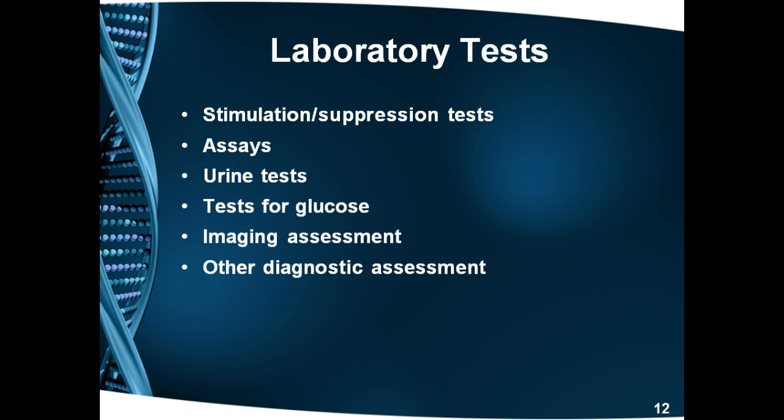Okay, tests for glucose. You may also want to do tests for glucose to make sure that the islet cells are functioning. You want to see if the pancreas has cell function, and you might have to do what they call a glucose tolerance test.